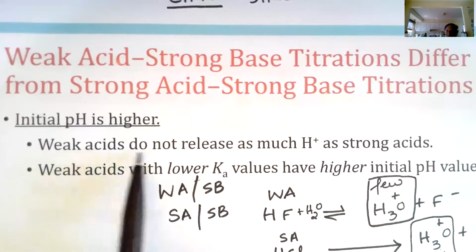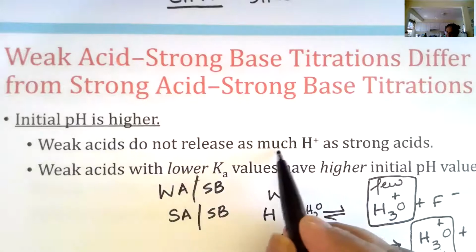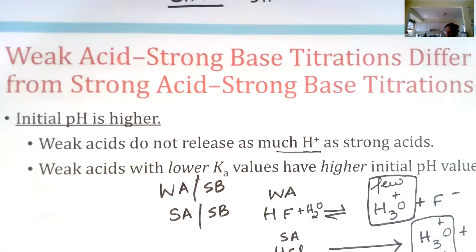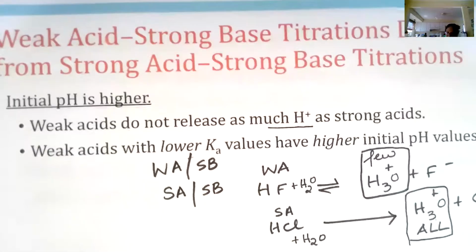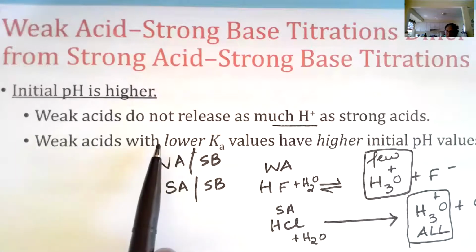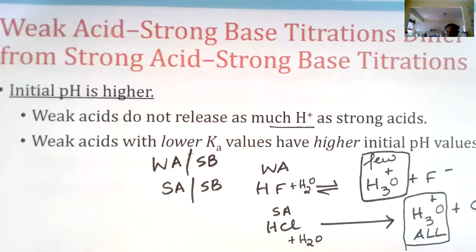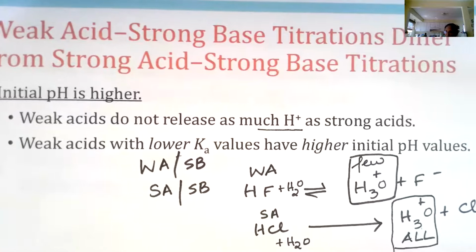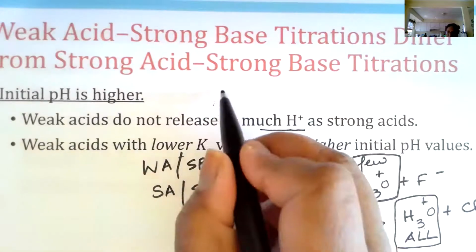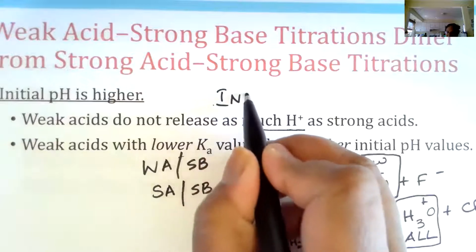Because the weak acids do not release as much H plus as strong acids, weak acids will have a lower Ka value, and therefore they'll have higher pH values to begin with. Okay, we're talking about what happens initially.